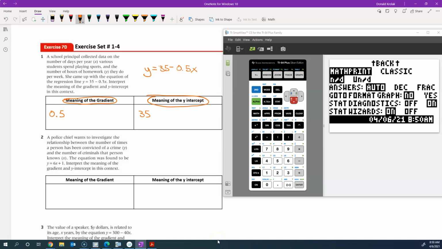And now you got to say, well, what are those? Oranges, apples, miles, kilometers. Okay, so if you look at the equation here, it says a school principal collected data on the number of days per year. That's X.